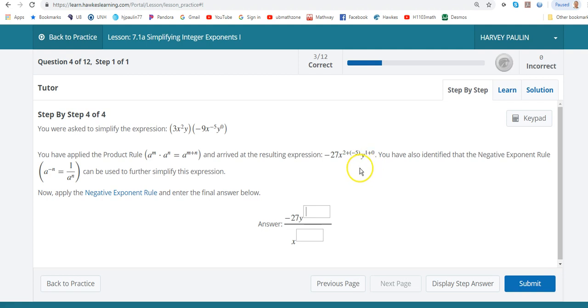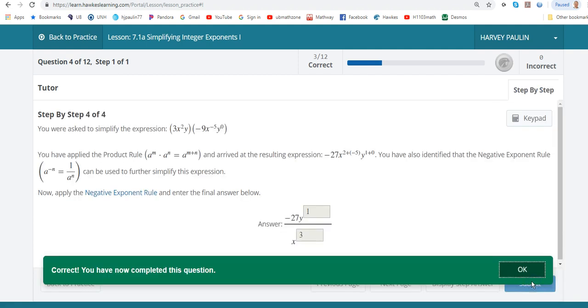This will be y to the first. And again, we don't write the 1. And then here, when we do this, in the numerator became x to the negative 3 that we bring down across the division bar where it becomes a positive 3. And they say we have it right. So there's the answer, and there's showing you the steps that can be used to help you as your personal tutor as you go along.